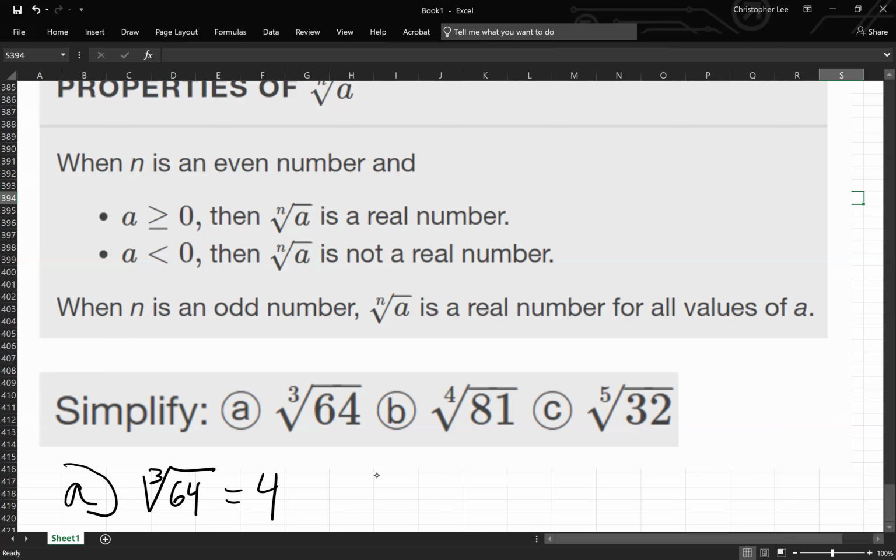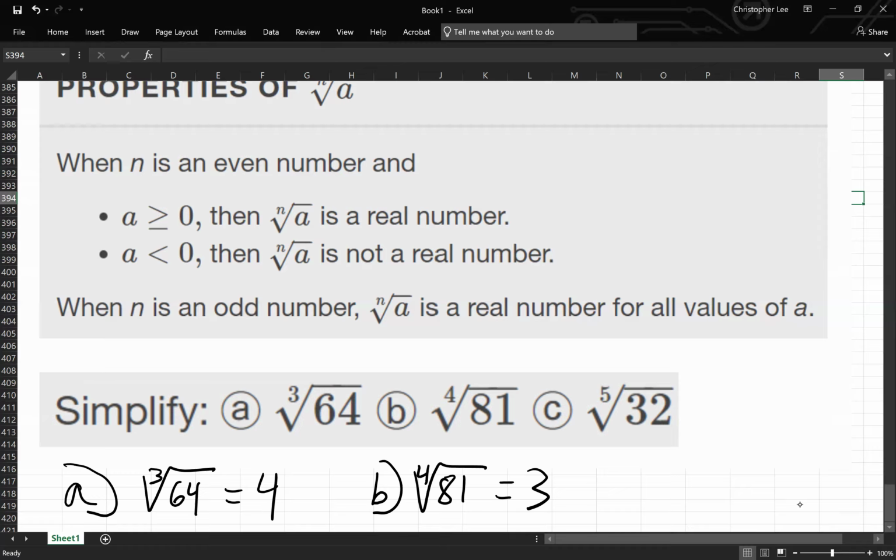How about B? A little bit harder. What is the fourth root of 81? Good. That's the answer. Because 3 times 3 times 3 times 3 is 81.